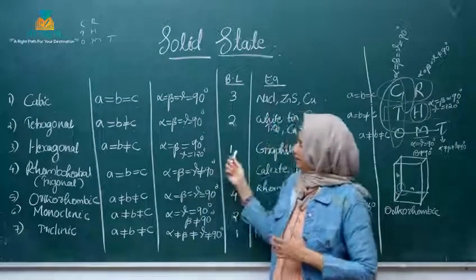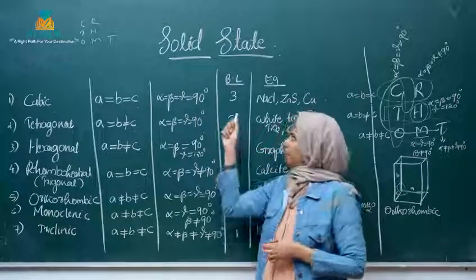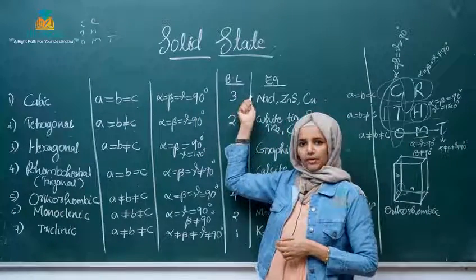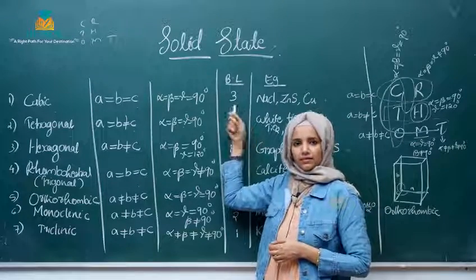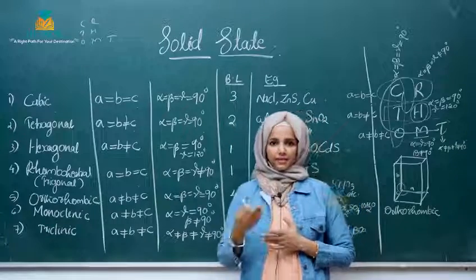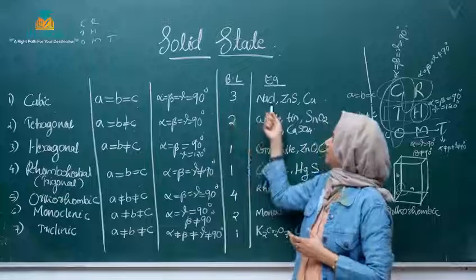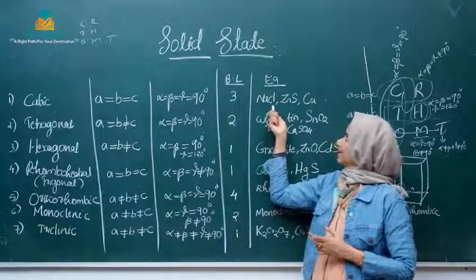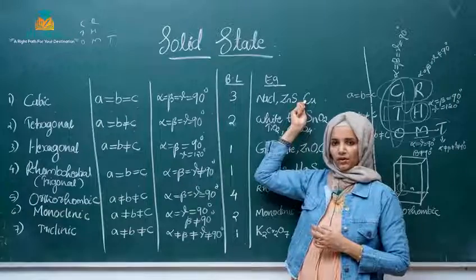Then the 3 Bravais lattices are simple cubic, face centered and body centered. That is all we discussed. Examples for the cubic system are NaCl, zinc blende, copper.